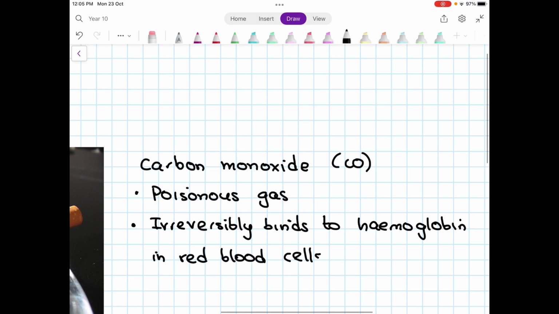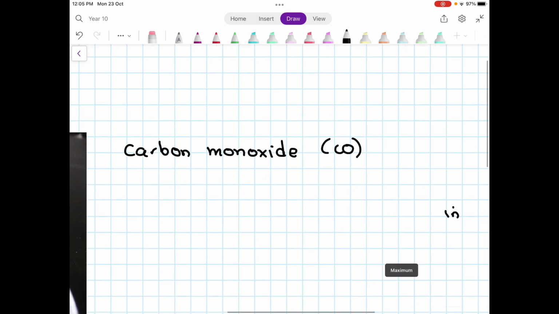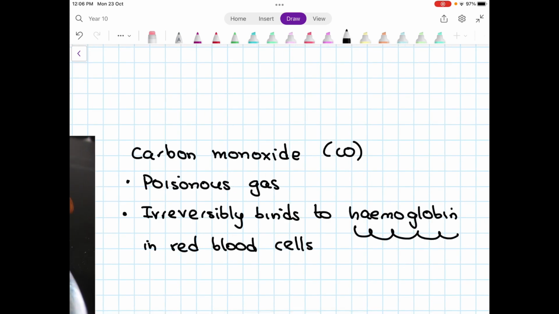The reason it lowers the oxygen carrying capacity is because this hemoglobin would otherwise bind to oxygen.